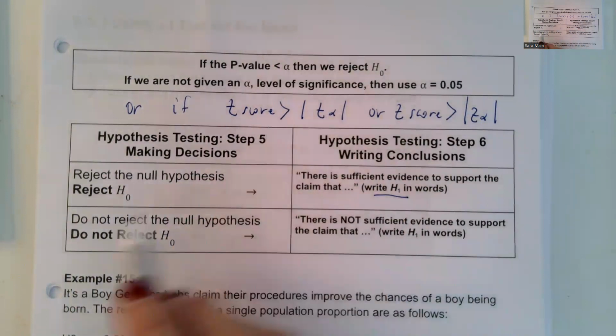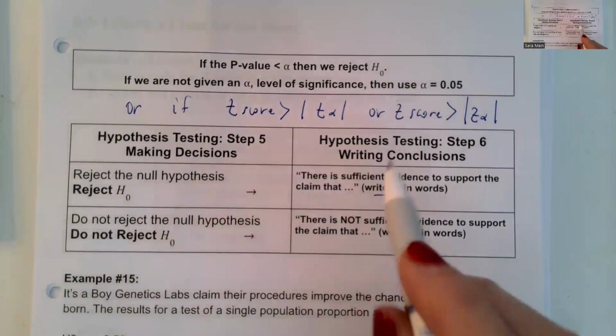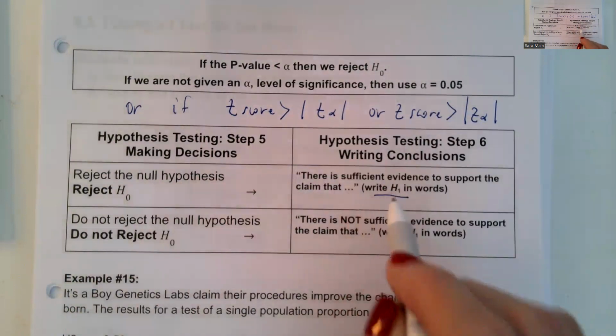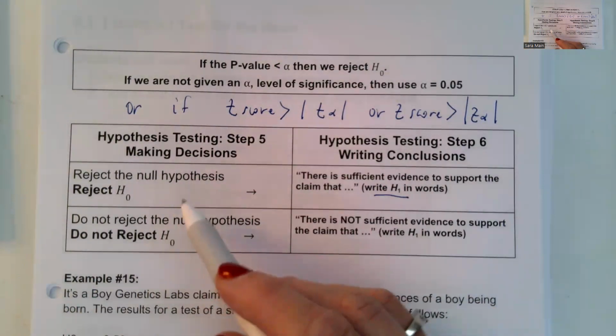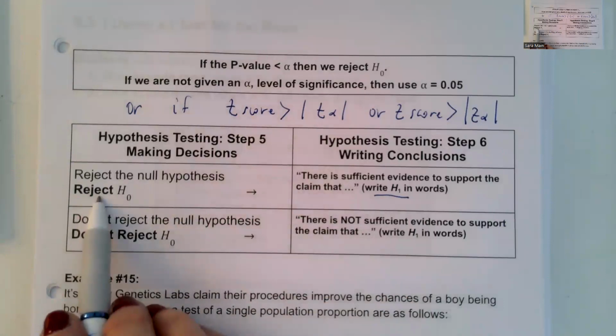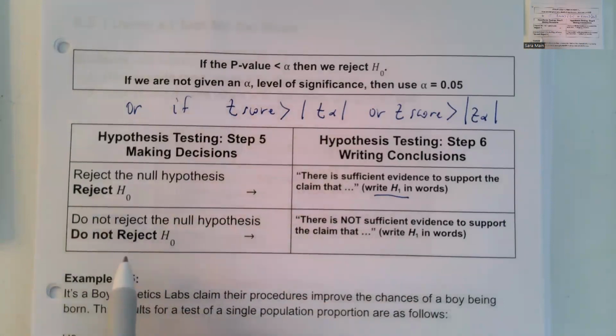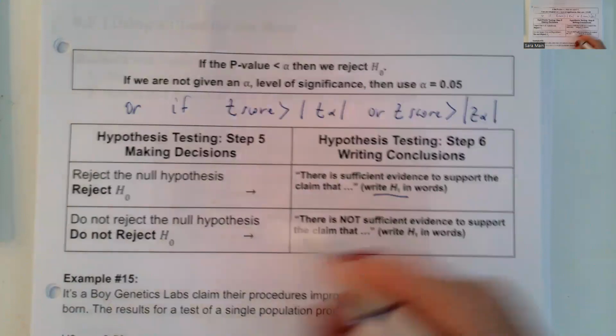So step 5 is only about H0. Once we make that decision, then we write step 6 only talking about H1. Those are important pieces. And notice we never say we accept H0. It's always reject H0 or do not reject H0. If you do not reject H0, then there is not sufficient evidence to support H1. So not and not go together.